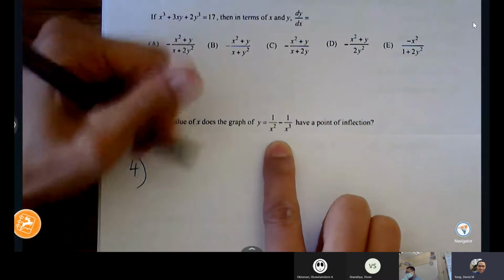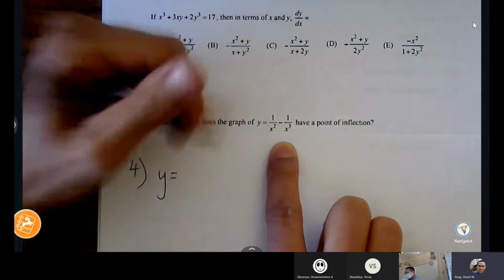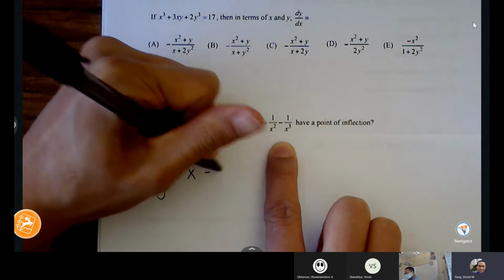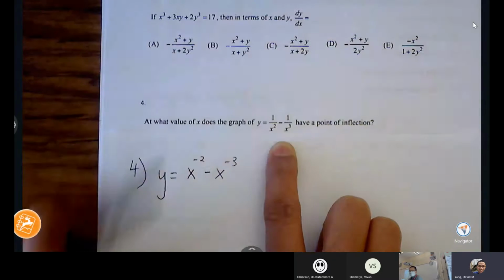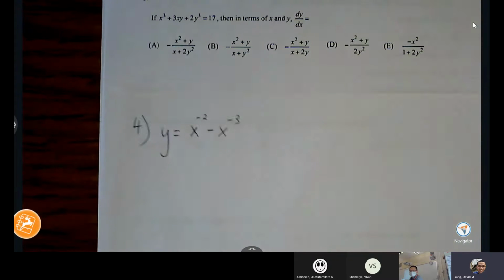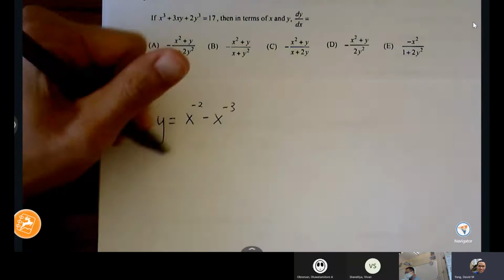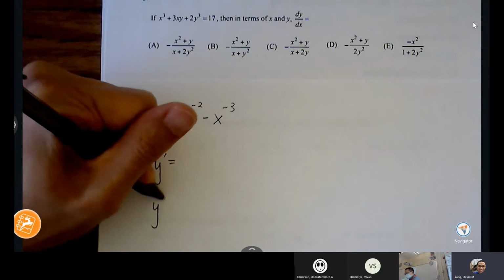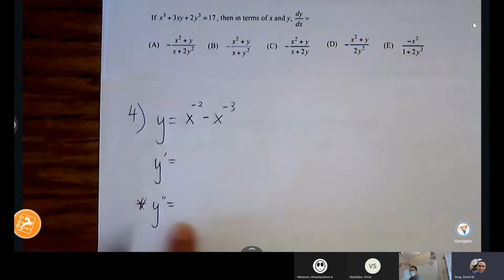Let's go ahead and get this set up so that we can find the derivative easier. I'll rewrite it as x to the negative 2 minus x to the negative 3, right? It's a lot easier doing power rule from here than it is from this point. So let's find y prime. And then once we get to y prime, we'll find y double prime. And y double prime is where we're going to start looking for critical points and therefore potential points of inflection.